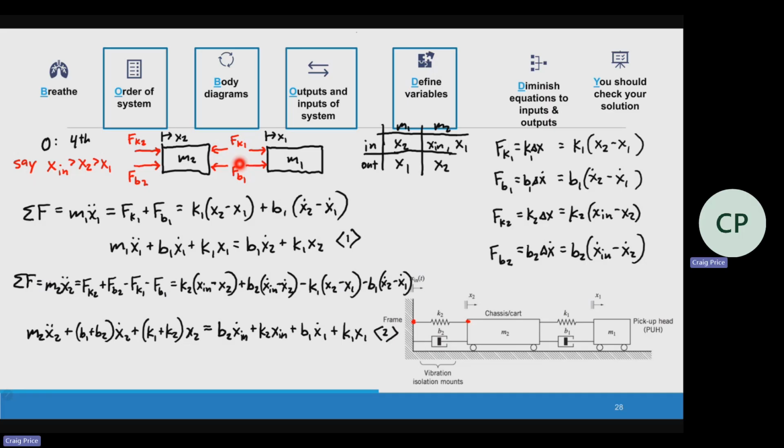Now, our goal here is to figure out the vibration frequencies for this, which means we need to come up with a transfer function for the whole thing. I have this equation, I have this equation. This one I can create a transfer function for. This one I have two inputs, so it doesn't quite work. Okay?